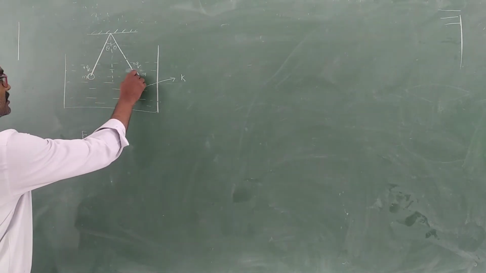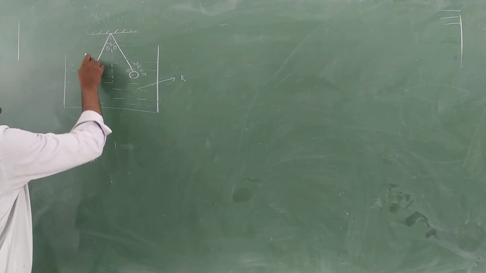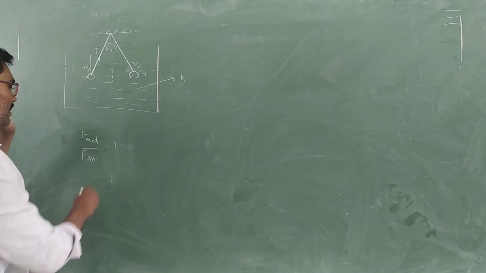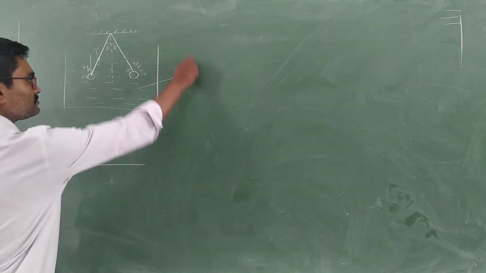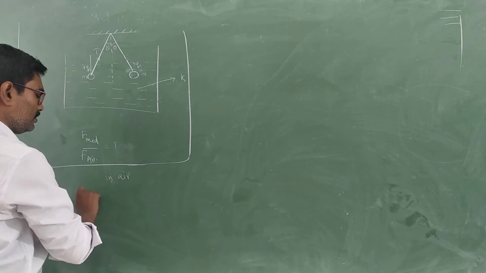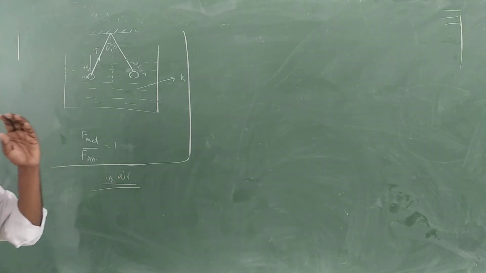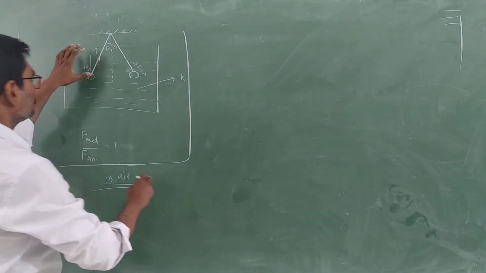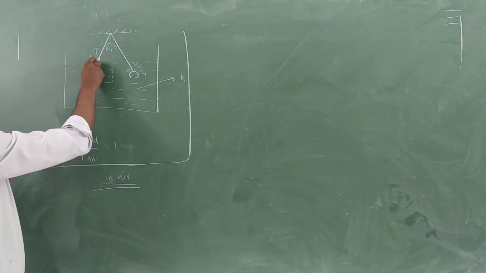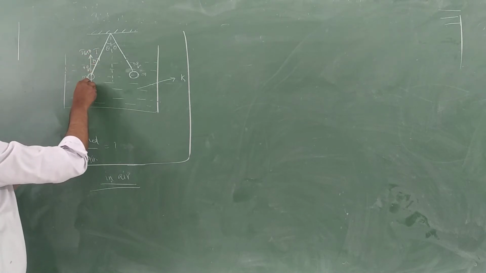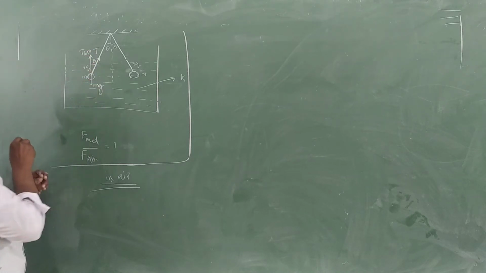Here a positive charge is there, here also a positive charge. This is the tension. Suppose the liquid is not there, I am speaking in air, only air I am taking. Here if this is theta, then this is T cos theta and this is mg.